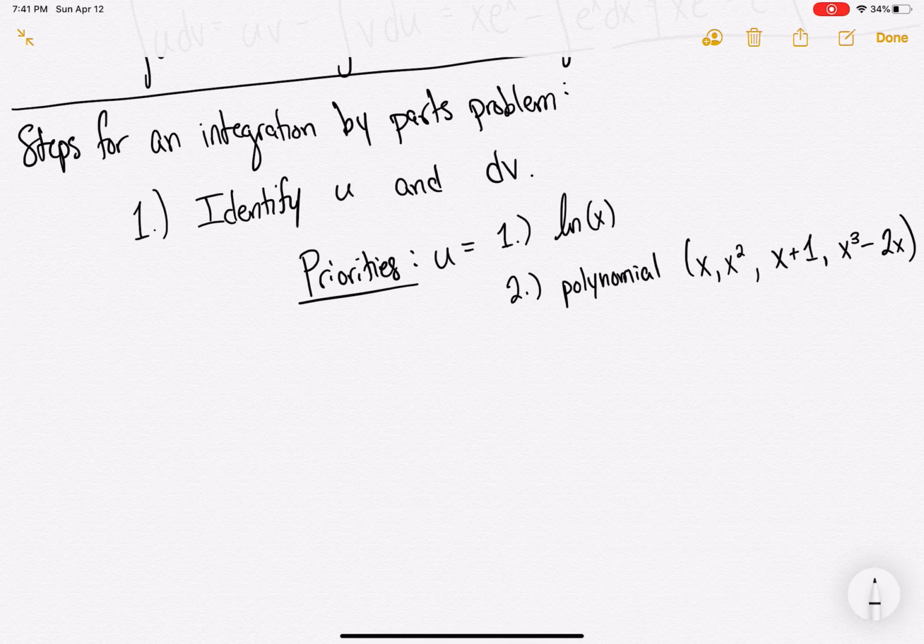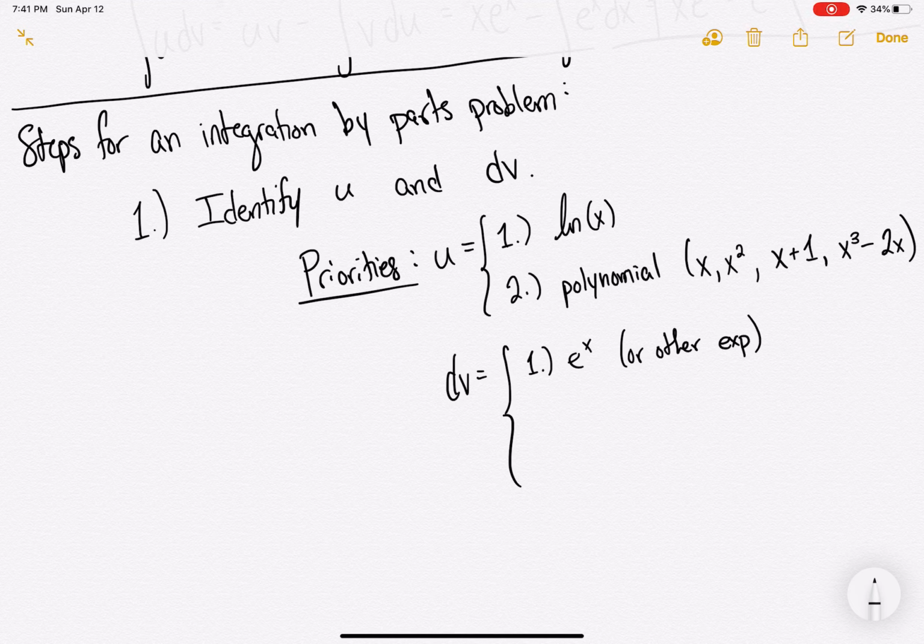Now dv is going to, in the first case, it's probably going to be e to the x or other exponential. And then in the second case, it'll be, I guess it'll be dx.